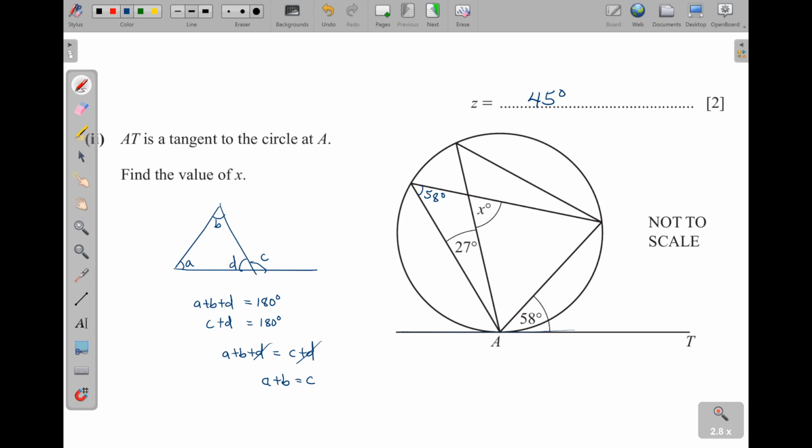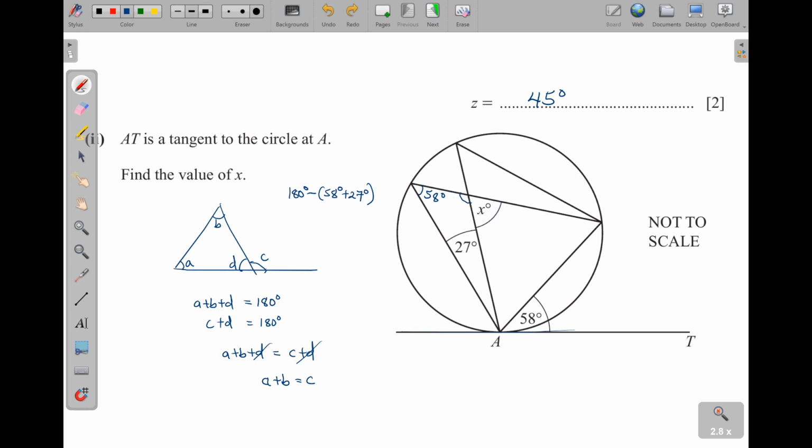Or you can actually first find this one here. It will be 180 minus that 58, and then add it to the 27. You see that? Now again, you are going to say 180 minus that angle, because these are angles on a straight line.